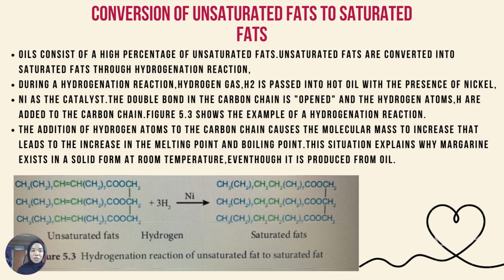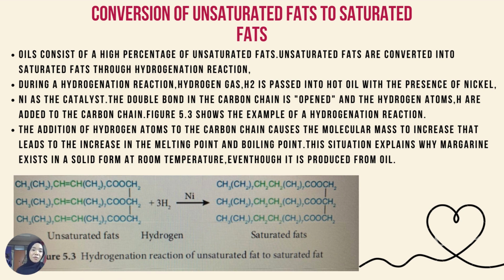During a hydrogenation reaction, hydrogen gas, H2, is passed into hot oil with the presence of nickel, Ni, as the catalyst. The double bond in the carbon chain is opened and hydrogen atoms, H, are added to the carbon chain. Figure 5.3 shows an example of a hydrogenation reaction.